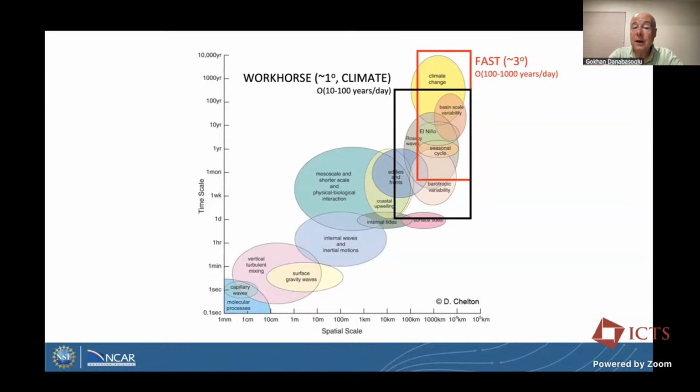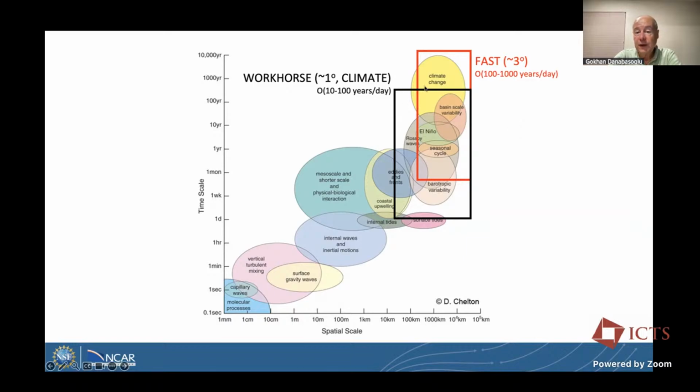This is our workhorse climate model. When I say ours, it is a model version that's heavily used in CMIP comparisons or in contributions to IPCC reports. So it's primarily coming from order 1 degree, or roughly 100 kilometer, resolution simulations.